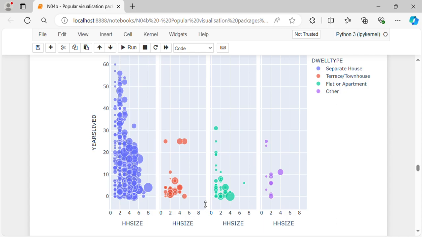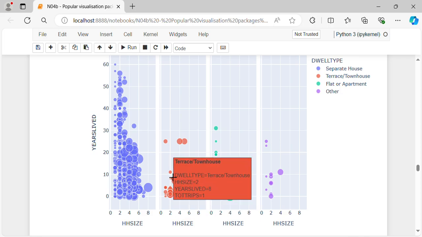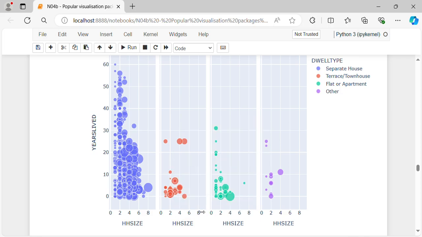And for the dwell type terrace or townhouse, we can see for the household size 0 to 2, the years lived is almost the same, about 20 to 30 years, about 25 years.